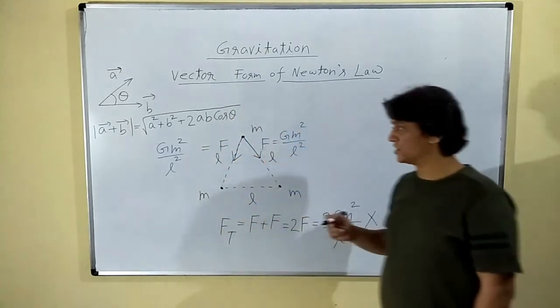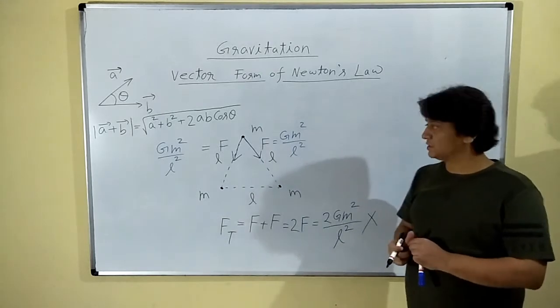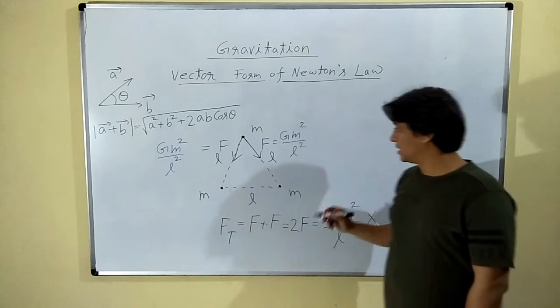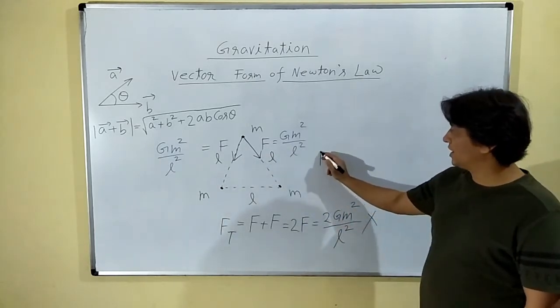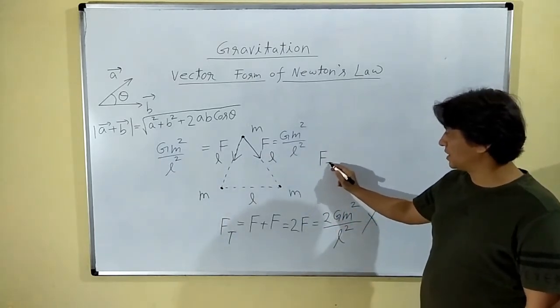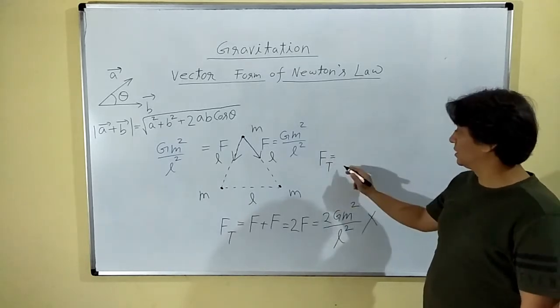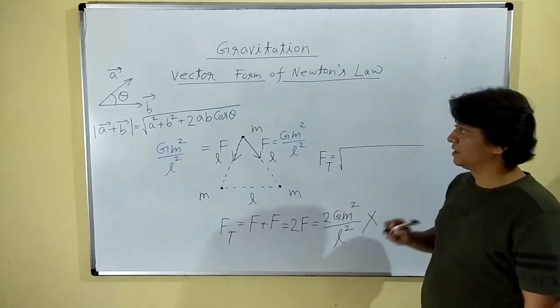That's how you get the magnitude. Which means for this F and this F, if I want to find F total, what is the method?